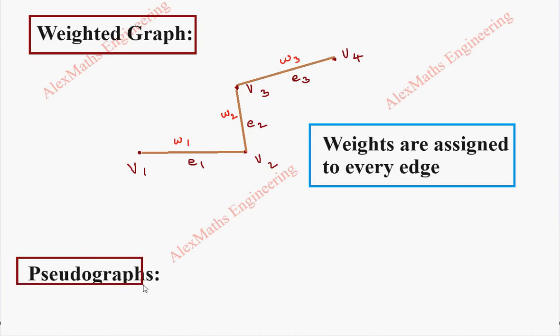Next are pseudographs. A pseudograph is a graph with multiple loops and multiple edges.